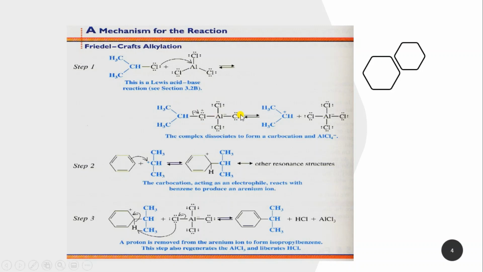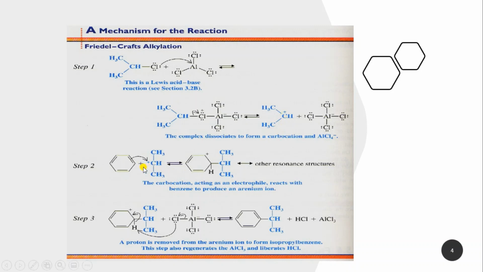But aluminium, since it is electron deficient, and this aluminium-Cl bond is stronger than the Cl-C bond, the electron pair is pushed towards the aluminium, and we have the formation of another intermediate, AlCl4 negative, and there is a carbocation formation, a tertiary carbocation formation.